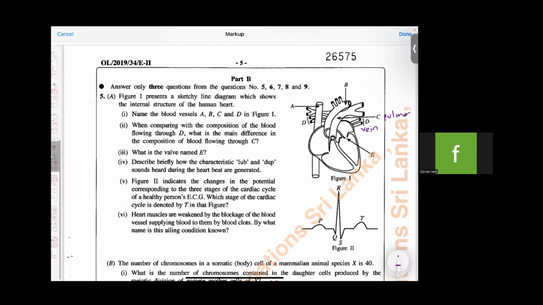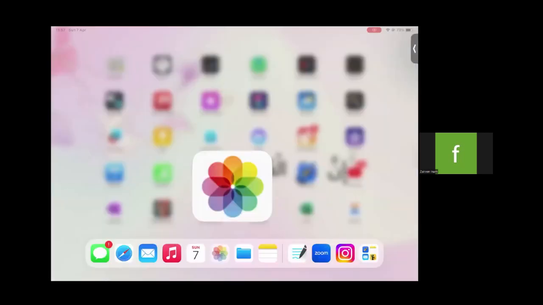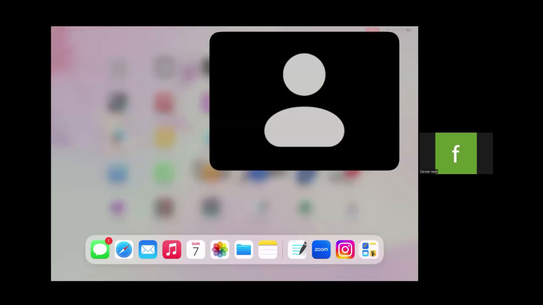So a pulmonary artery is not like any other artery in our body. All the other arteries in our body will have oxygenated blood, but the pulmonary artery will have deoxygenated blood. That C will have deoxygenated blood, while D will have oxygenated blood. Understood? If not, I'll tell again. All got it right? I hope yes.